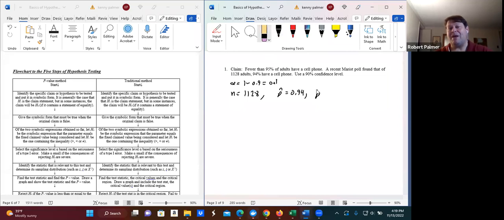The p hat is the sample proportion, but the proportion we're going to use in our hypothesis is the population proportion we're comparing it to, which is 95% or 0.95. Then our q, which is 1 minus p, is going to be 0.05. Once again, be clear which one is which. The p hat is our sample proportion, 94% of the sample, but the p of our population we're assuming is 95.